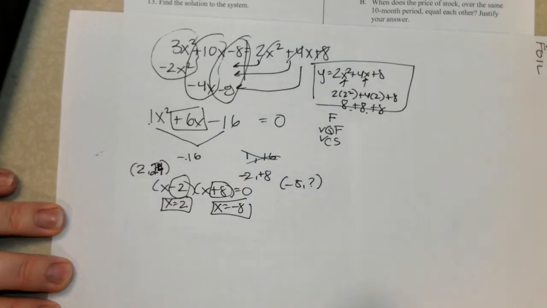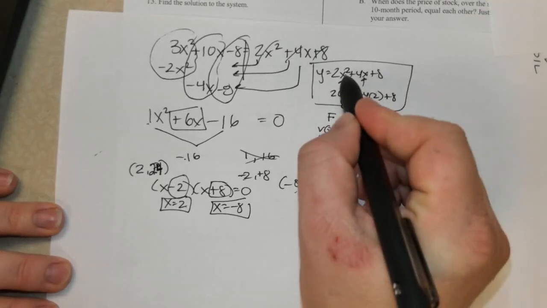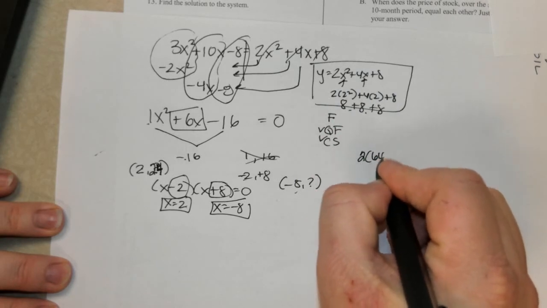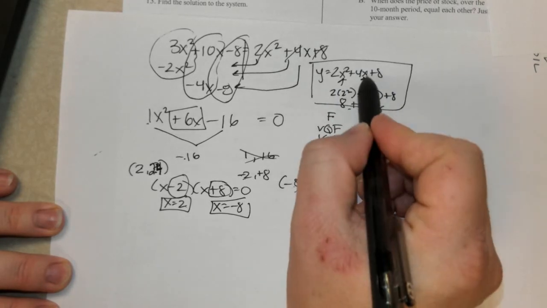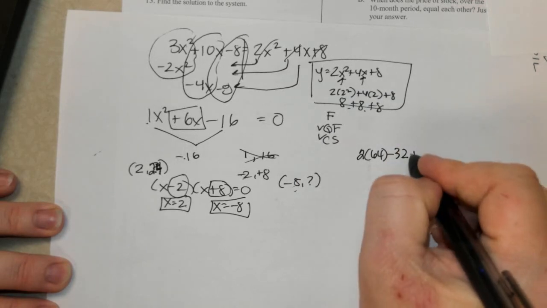Now negative 8, much larger number here. When I substitute a negative 8, I know negative 8 squared is 64. Negative 8 times 4 is negative 32 plus 8.